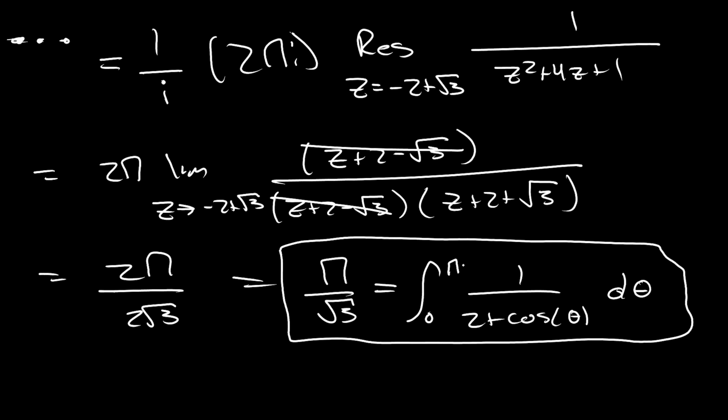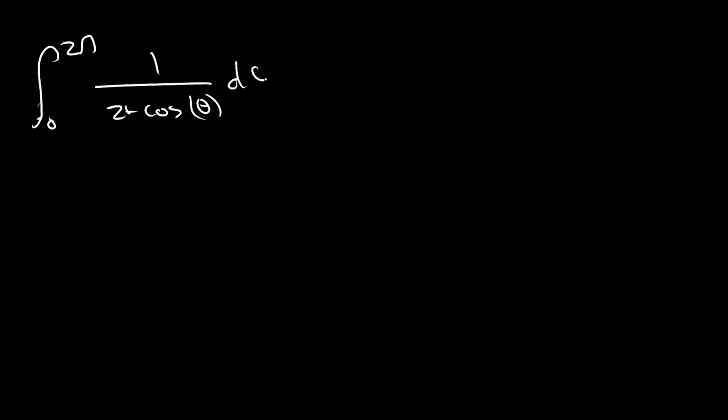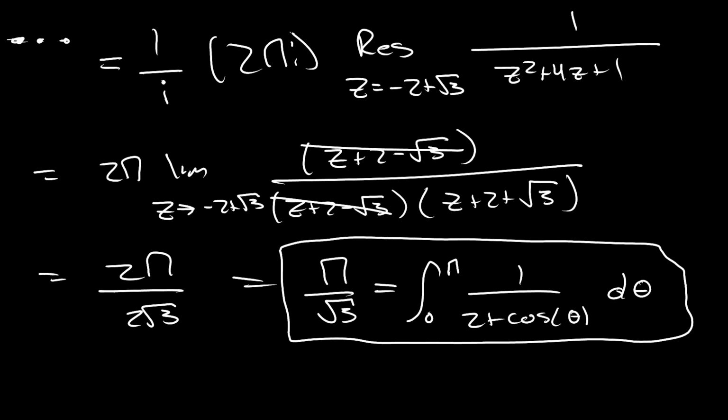But remember, we're on 0 to 2 pi, so we have an extra factor of 1/2. If we're on bounds 0 to 2 pi, 1 divided by 2 plus cosine theta d theta. Well, if we evaluate one of these integrals, let's say on bounds 0 to pi or 0 to 2 pi, we can easily convert them.